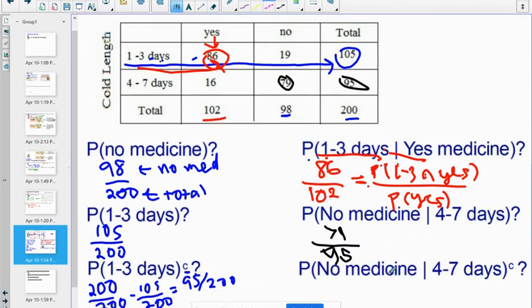Now, the probability of no medicine, 4 to 7 days complement. You can still do that same trick where you take the whole, which is 95 over 95, because that's 1, and subtract 79 over 95.